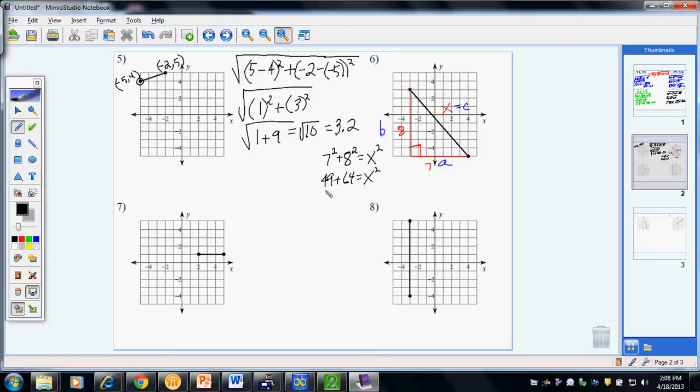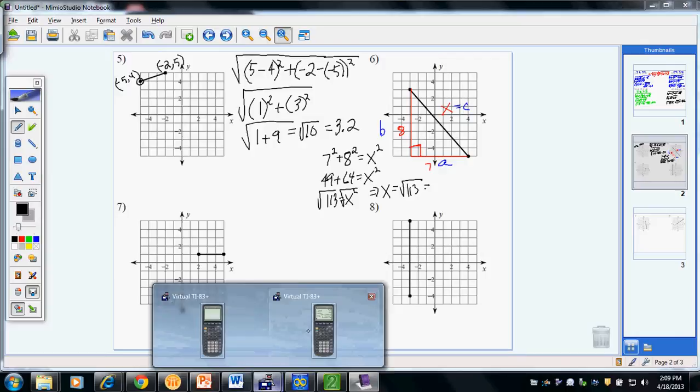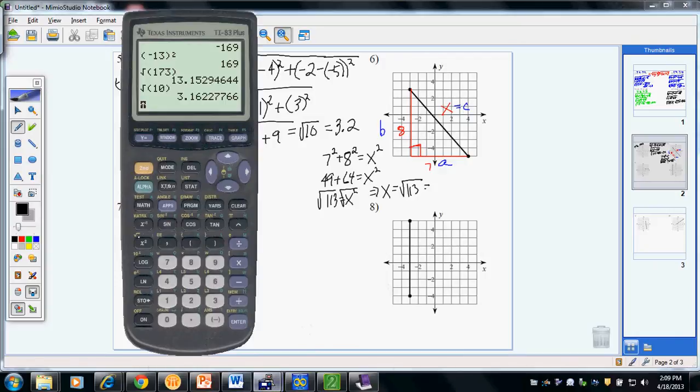Alright, so 49 plus 64 is 113 equals x squared. We'll take the square root of both sides to cancel out the square on the x, and we're left with x equals the square root of 113. Which in fact, if we look at our calculator, it will equal 10.6.